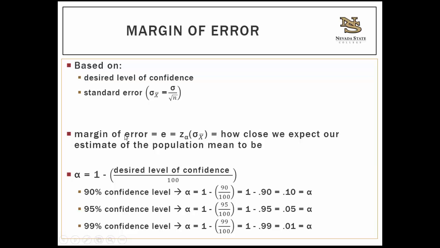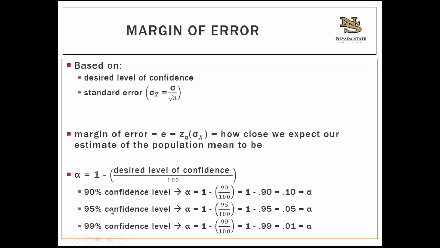So when you see this little formula for the margin of error, z subscript alpha, if we had a 90% confidence level, this would be z for an alpha of 0.10. And then we would just take that z that we find in our table and multiply it by the standard error to get our margin of error.